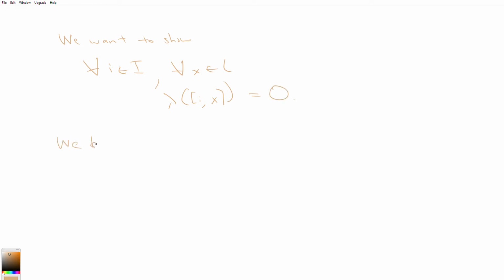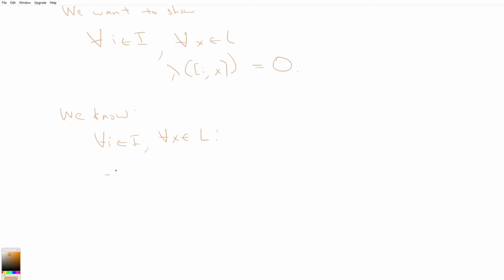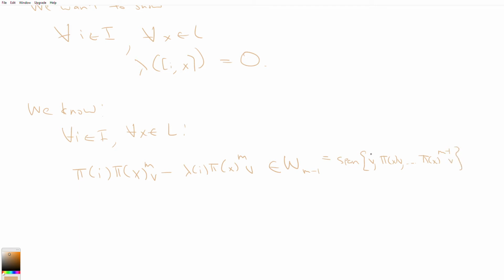And we know that for all I in I, for all x in L, π(I) acting on π(x)^m v minus λ(I) times π(x)^m v is an element of W_{m-1}, where W_{m-1} is equal to the span of v, π(x) v, up to π(x)^{m-1} v, where v is an element of the weight space. So this is what we know so far, okay?